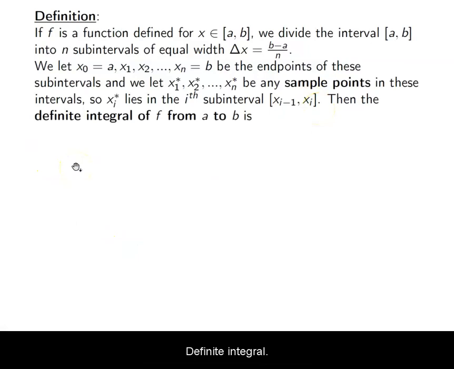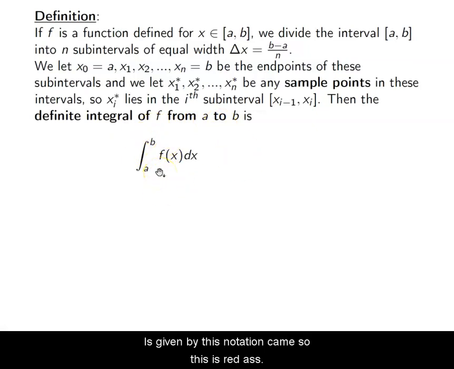Then the definite integral of f from a to b is given by this notation. This is read as the integral from a to b of f of x with respect to x. This is very, very important. You're going to see this all throughout calculus 2.